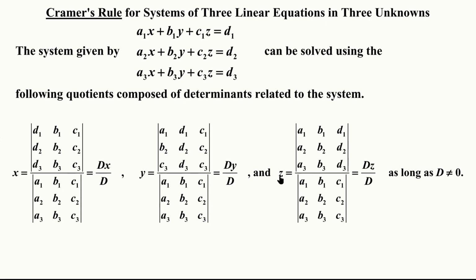And finally, for z, we replace the z coefficients with d1, d2, d3, keep the x and y coefficients. And once again, this will yield results as long as the system has one solution. With the cases of no solution or infinitely many solutions, you may end up with D being 0, in which case you'll just use another method to determine which case you have.